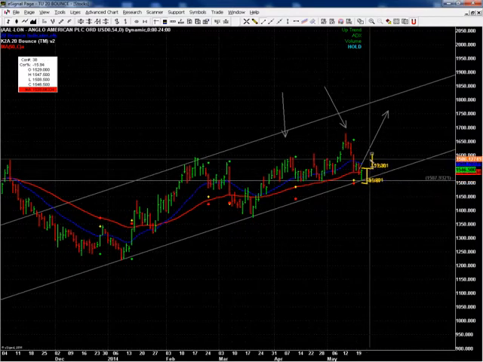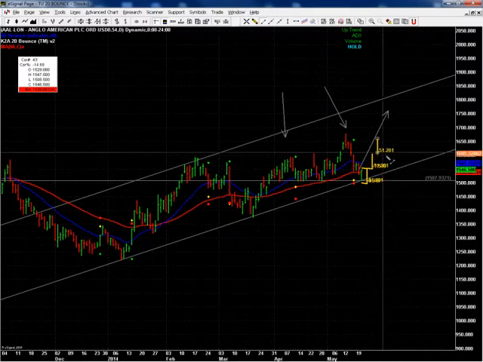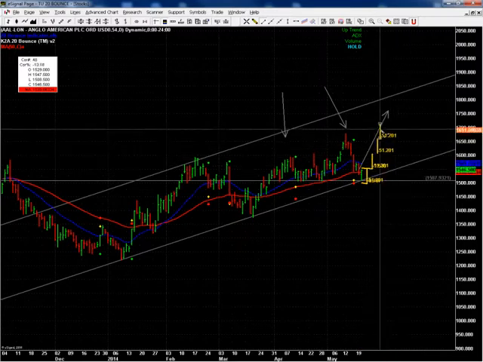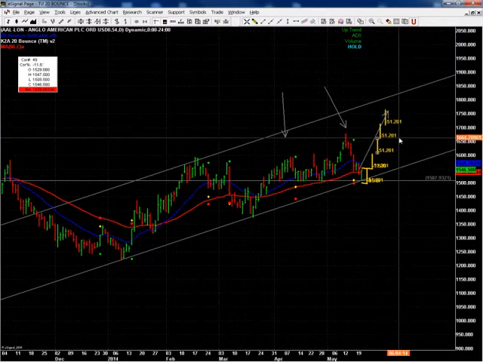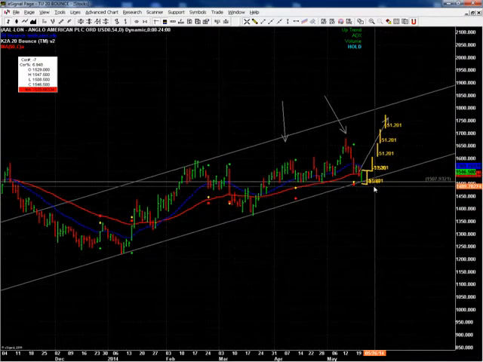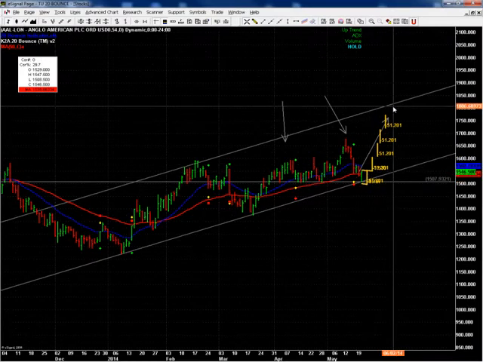That's a 1-to-1 reward risk, 2-to-1 reward risk, 3-to-1 reward risk, 4-to-1 reward risk, so it's not bad at all. If it kicks off to the upside like that, it's gonna give a 4-to-1 reward risk ratio, so that would do. And if you keep on taking them, you make money, guaranteed.